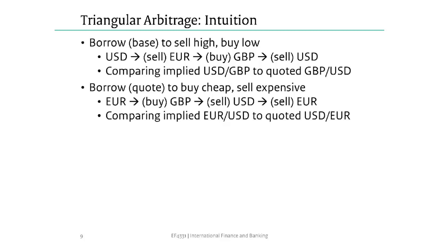So you can check this yourself. Going from USD to British pounds, this is the first bullet point here. Going from USD to British pounds, you will arrive after this step at an implied exchange rate for the price of USD in terms of British pounds, some value.